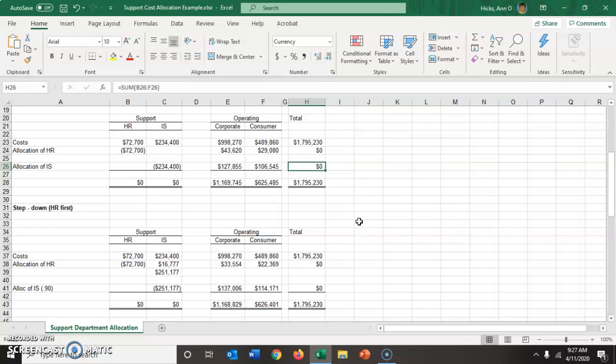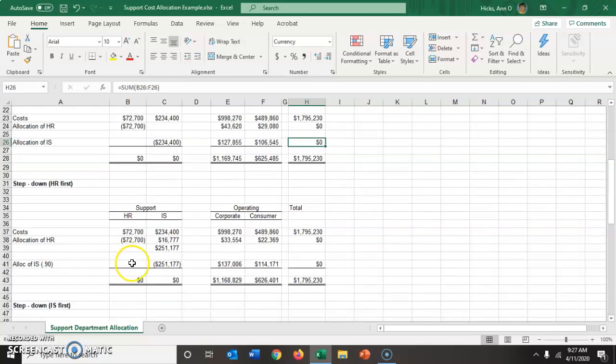How we choose which one we allocate first is a management decision. It can be based on who has the greatest amount of costs, who uses the greatest amount of service. That's a management call.